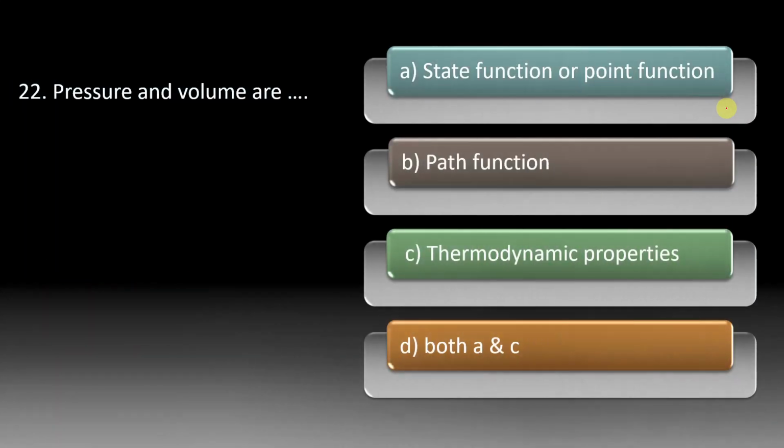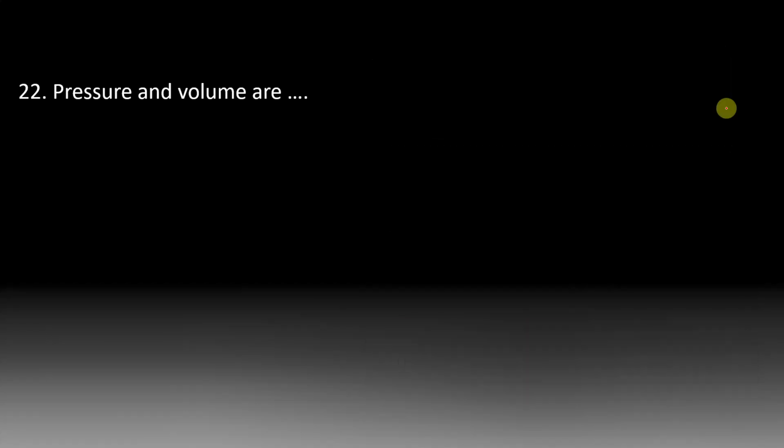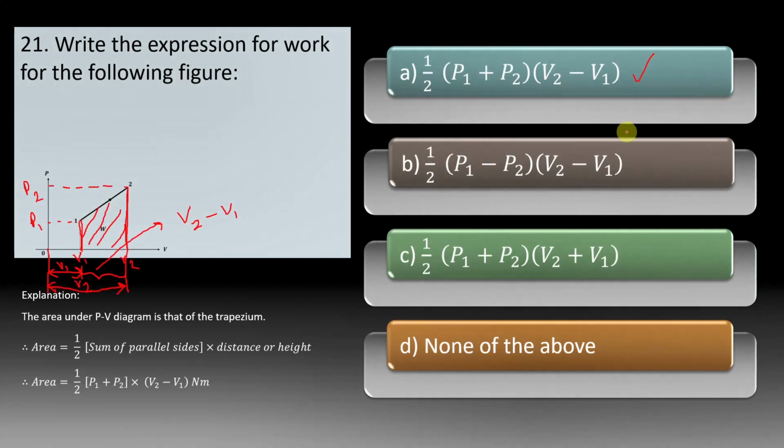Now pressure and volume are. Just now we have seen that on the PV diagram we can represent pressure and volume by a point, and therefore that is known as a point function. The values of pressure are dependent on various points on that particular process. Point 1 will have P1 V1 as the value, and point 2 will have P2 V2 as the value.